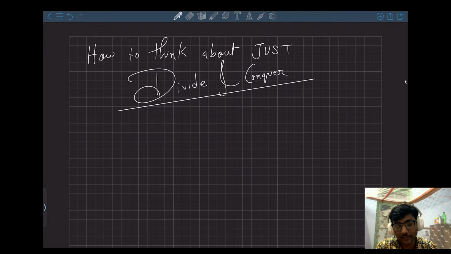Initially we will be solving some easy problems, like sum of elements in an array, but we really want to make our thinking of divide and conquer stronger. That's what we want to do.